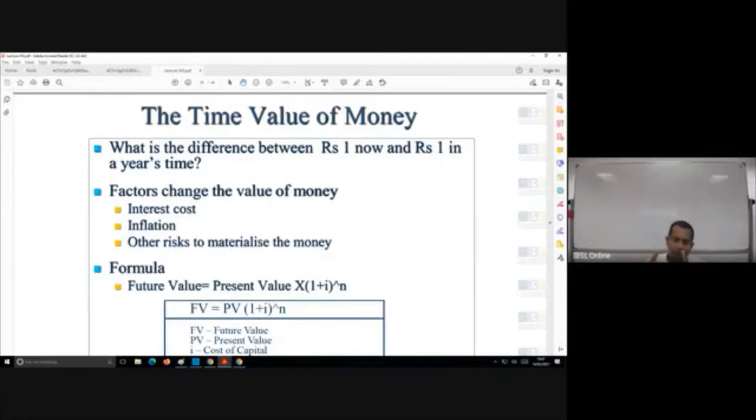So if someone says you have the option to get 100 rupees today or 100 rupees after a year, then that 100 rupees after a year will not actually be worth 100 rupees. It has to be more than 100 rupees. If both are to be equal, future value has to be more than today's value, right?